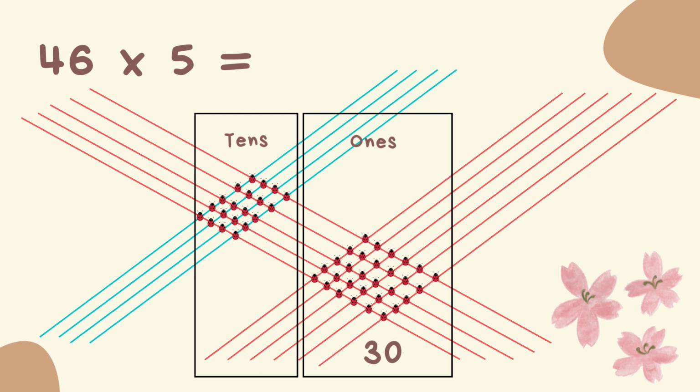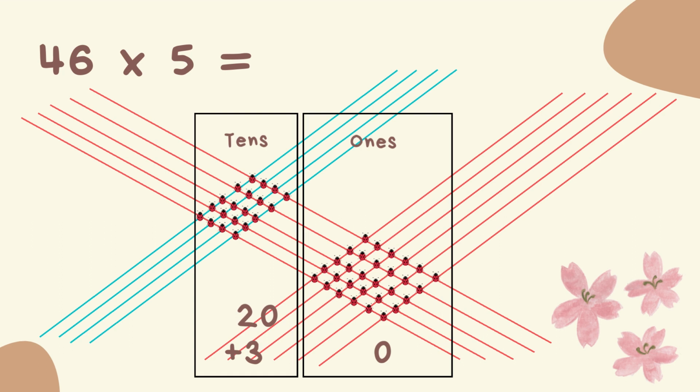There are 30 ladybugs in the ones box, so we have to regroup our ones. 30 ones is 3 tens and 0 ones, which leaves 0 ones in the ones box, and we move 3 tens to the tens box. Now, we count intersections in the tens box.